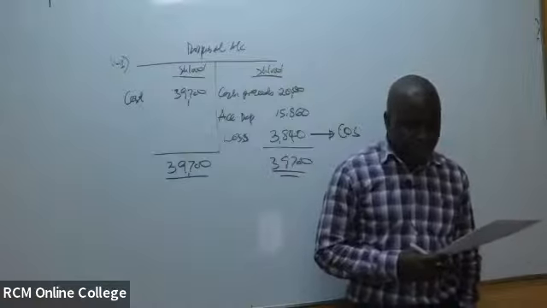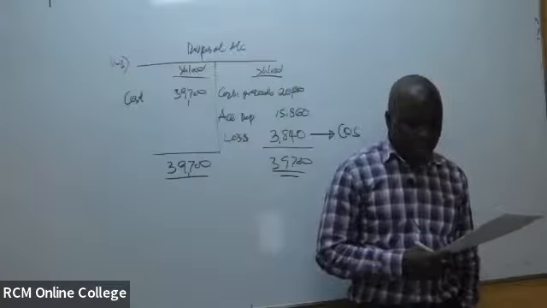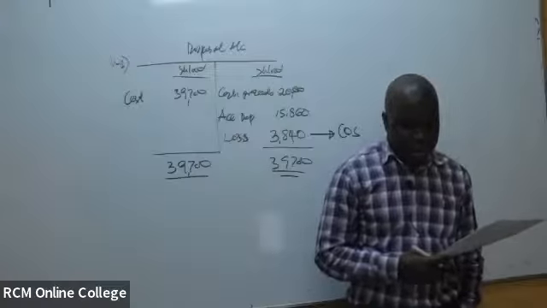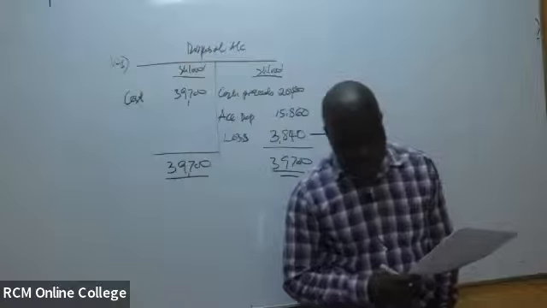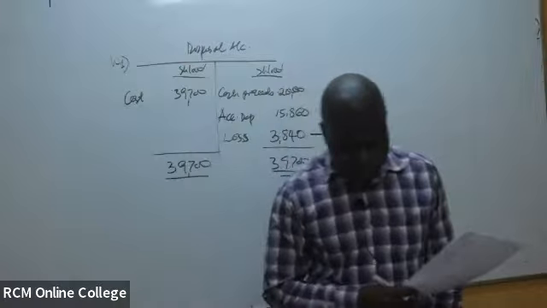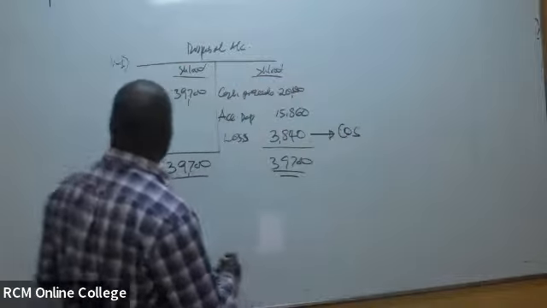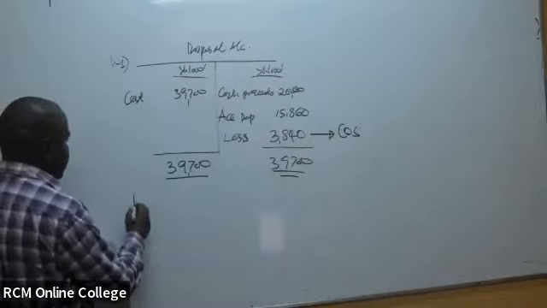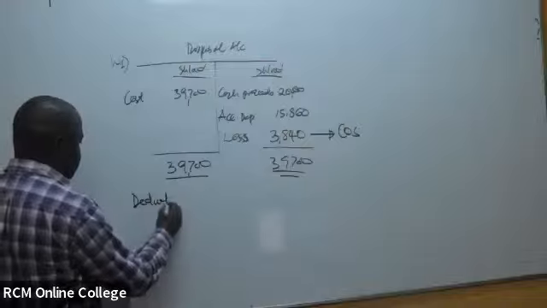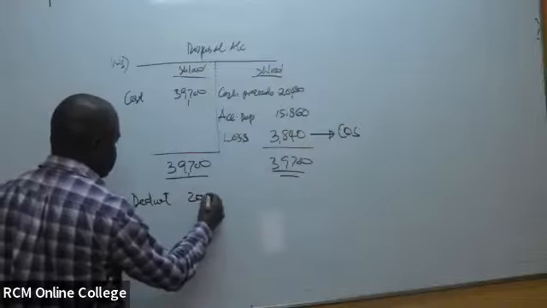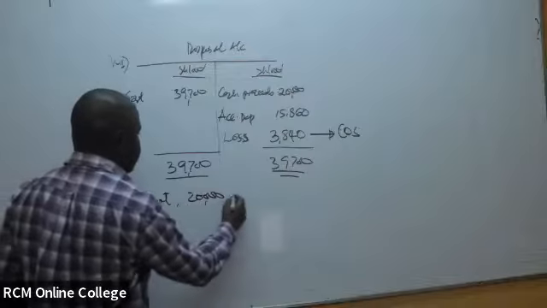So in this case, we'll end up having to correct the figure of revenue by deducting the 20 million from the revenue account.